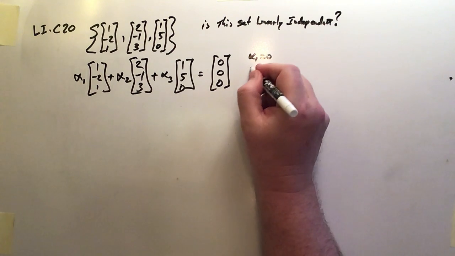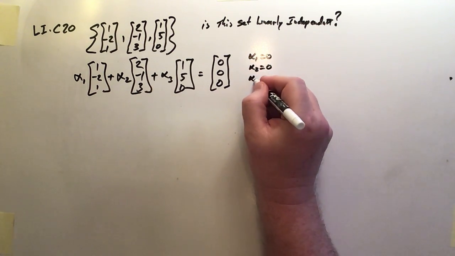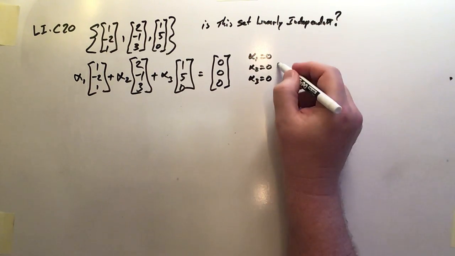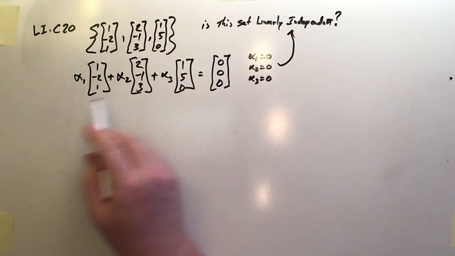Alpha 1 equals 0, alpha 2 equals 0, and alpha 3 equals 0 in order for it to qualify. So that's what I have to check.